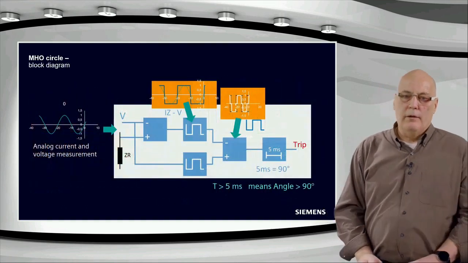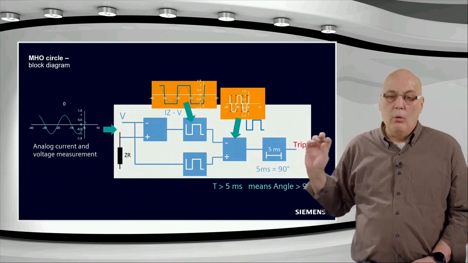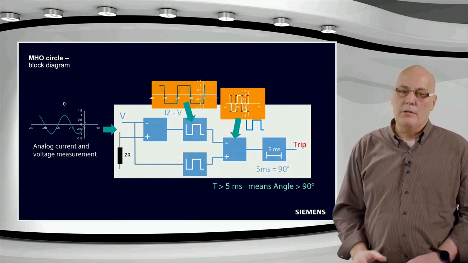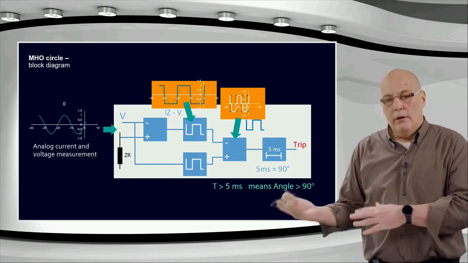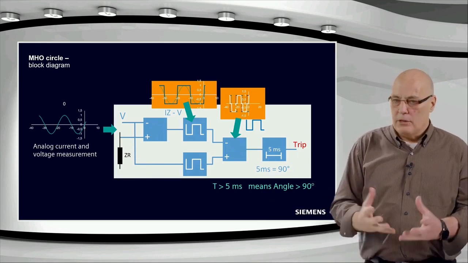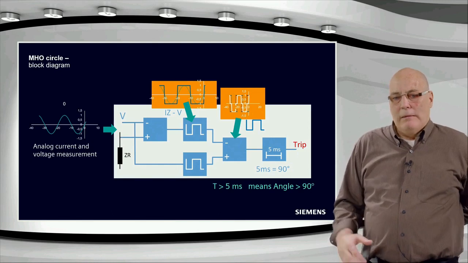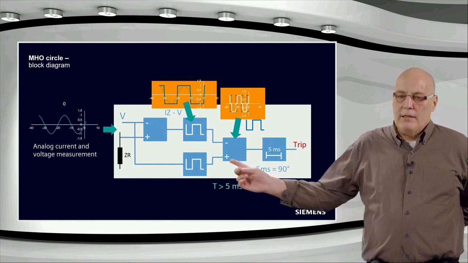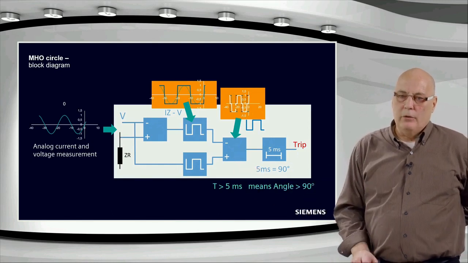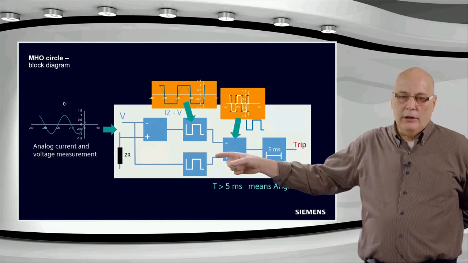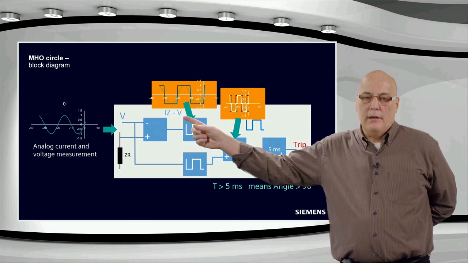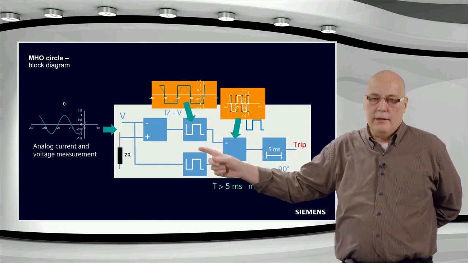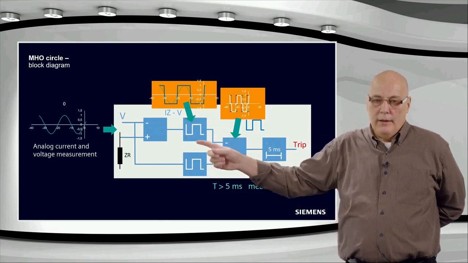So that's a very simple way of measuring an angle. And you can run that through this diagram over here, all with discrete electronic components. This is how the Mho circle was done in older relays. In numerical relays, it's done obviously with microprocessors more effectively, but in essence, it's the same technique. You just take the voltage and this IZ, take the difference over here. You rectify the IZ and compare it to the measured voltage. That's the angles.